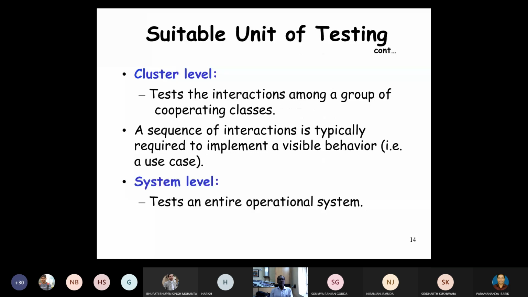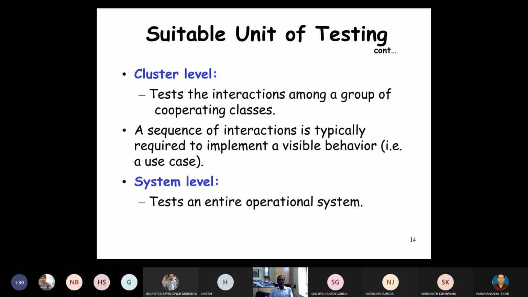When we consider unit testing in function-oriented programs, that unit testing refers here to class testing in object-oriented program testing. Please remember the 3 levels of testing in function-oriented testing: unit testing, integration testing, and system testing. The corresponding levels in object-oriented testing are as follows.